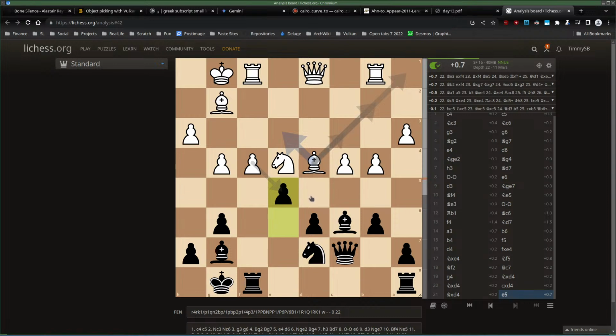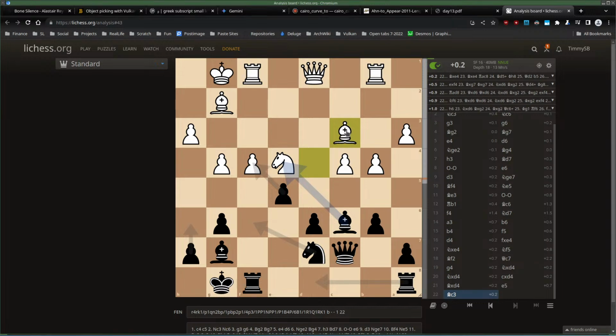Bishop c3, that's a weird move. And this one was attacked twice, but he went to c3. Yeah. We just both could not play chess. Rook a to d8. I don't know why I did that.